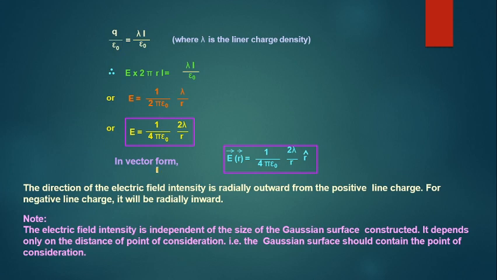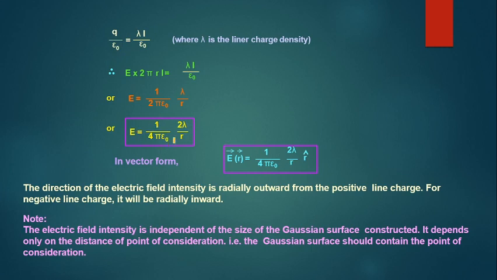So if the line charge is a negative line charge, then it will be radially inward. So this is the electric field intensity due to the infinitely long wire having a uniform charge density lambda.